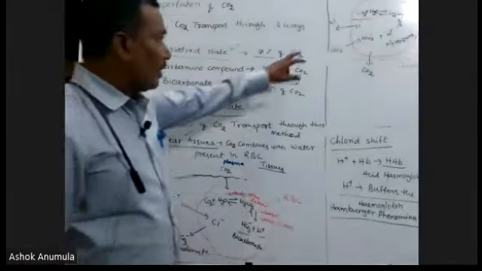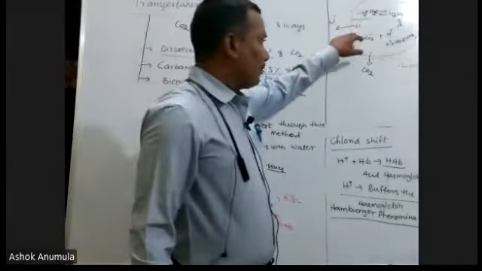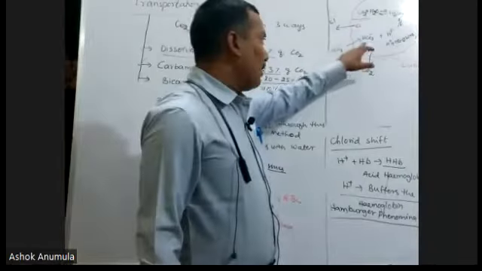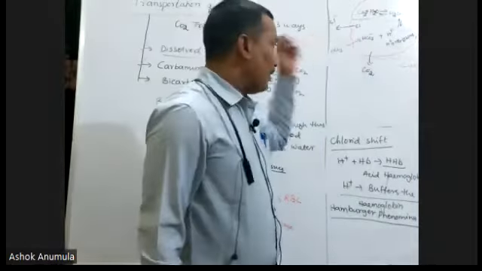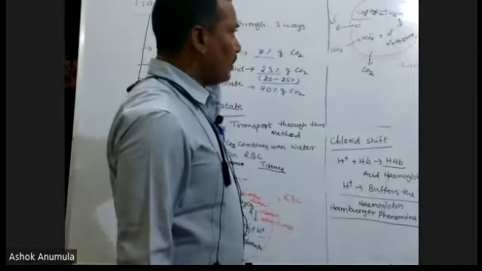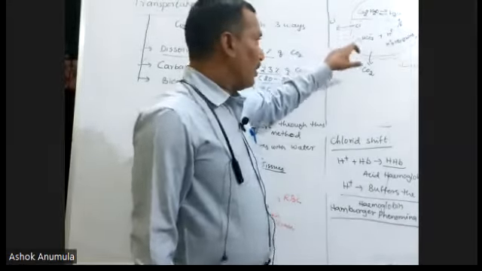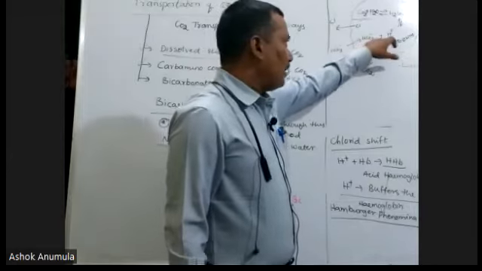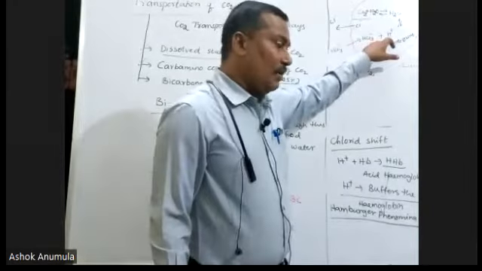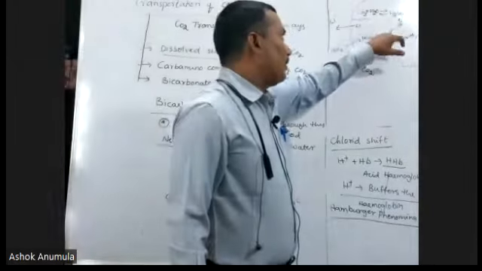This RBC reaches the lungs. Near the lungs, the bicarbonate enters into the RBC. When bicarbonate enters into the RBC, immediately the chloride ion comes outside. This bicarbonate combined with H plus ion develops into H2CO3.